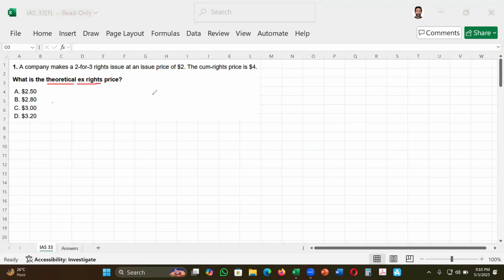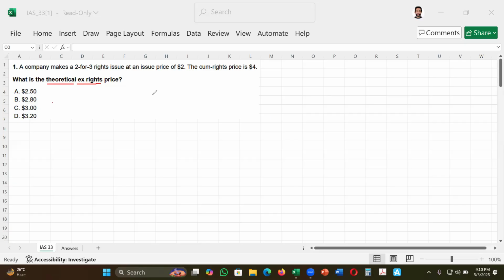Before the rights issue, there is an anticipation that some shares will be given at a slightly lower price than the market price. Once these shares are allotted to the existing shareholders, the number of shares increases and automatically the share price decreases. So this theoretical ex-rights price is actually the reduced price after the issue of the rights shares.